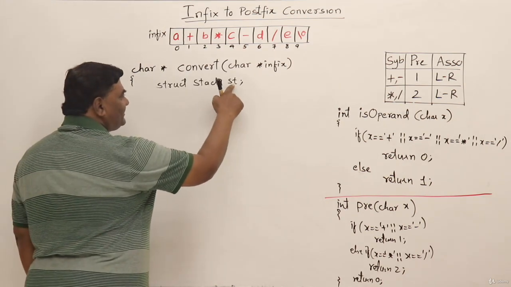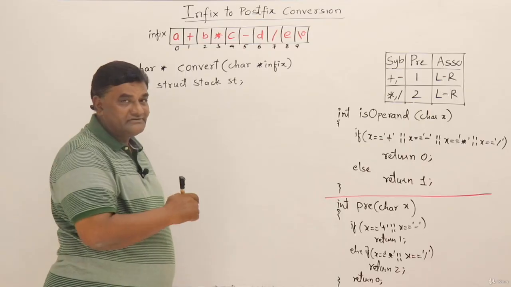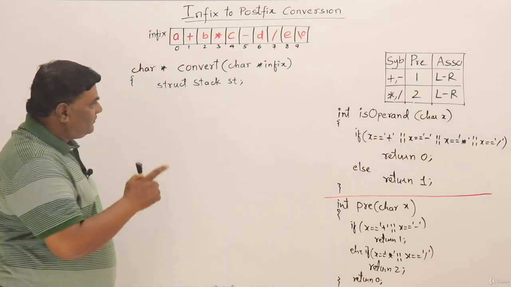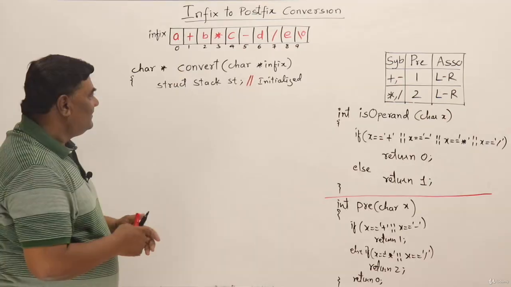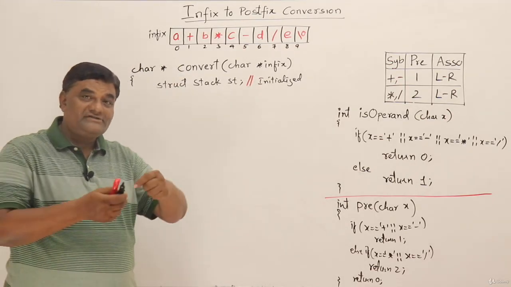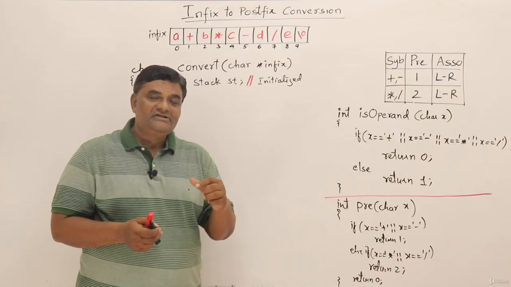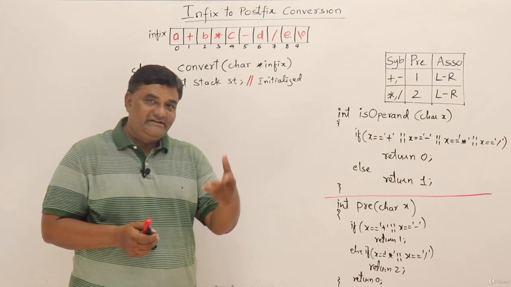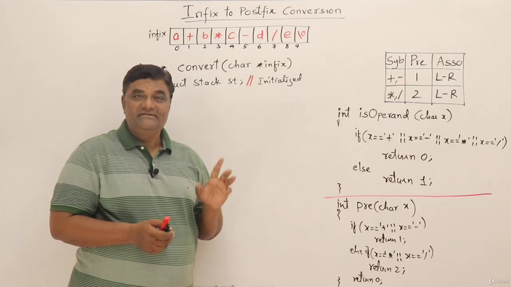So a structure type stack, that is st. st is a stack and that will be holding characters. So it's a character type stack. And also I will initialize it. So I will write a comment here that it is initialized. It needs few statements: you have to set the size of a stack, create an array and initialize top pointer to -1. So 3 statements you require. I'm avoiding that. You can check it in parenthesis matching.